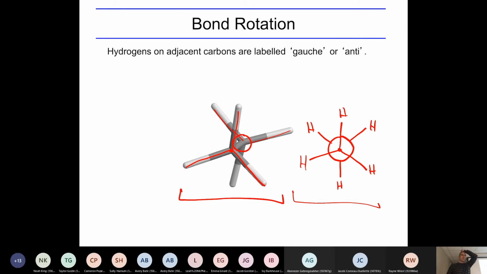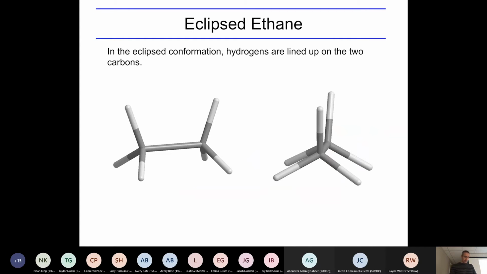So this would be translating a molecule like ethane, this conformation, into a Newman projection. We're going to be doing a bunch of examples in a little bit, converting a structure into a Newman projection so you see better what that might look like. Okay, so if we do a bond rotation, if we take that staggered conformation and rotate that carbon-carbon bond around just a little bit, you can rotate it to make it look like this, where all of the hydrogens line up.